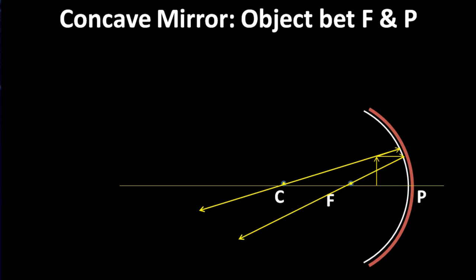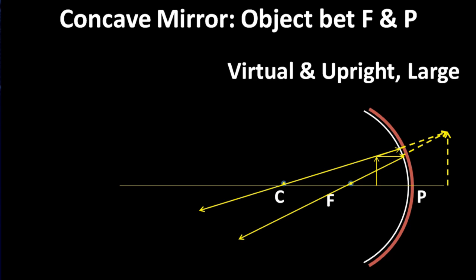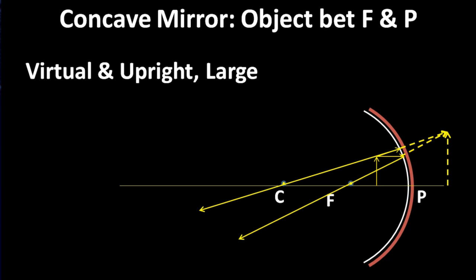The two reflected rays appear to meet at a point behind the mirror. That is where an image is formed. This image is virtual and upright and is larger than the object. Remember, this is the only position in a concave mirror where a virtual and upright image is formed. For the rest of the positions, real and inverted images are formed.